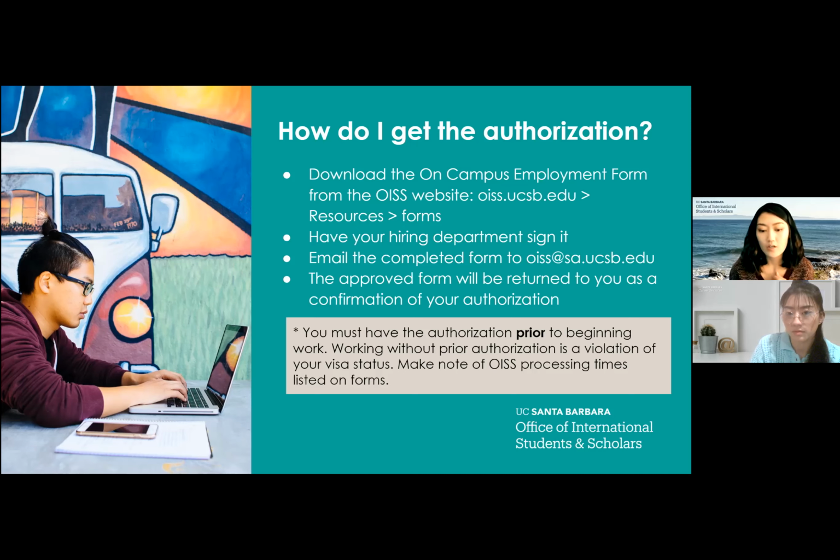So let's say your position is a TA, and that means you would have to have your department that you are TAing for sign off on this form. And then you can email it to oiss@sa.ucsb.edu, and an advisor will process it for you. Once it is approved, it will be returned to you as confirmation of your employment authorization.